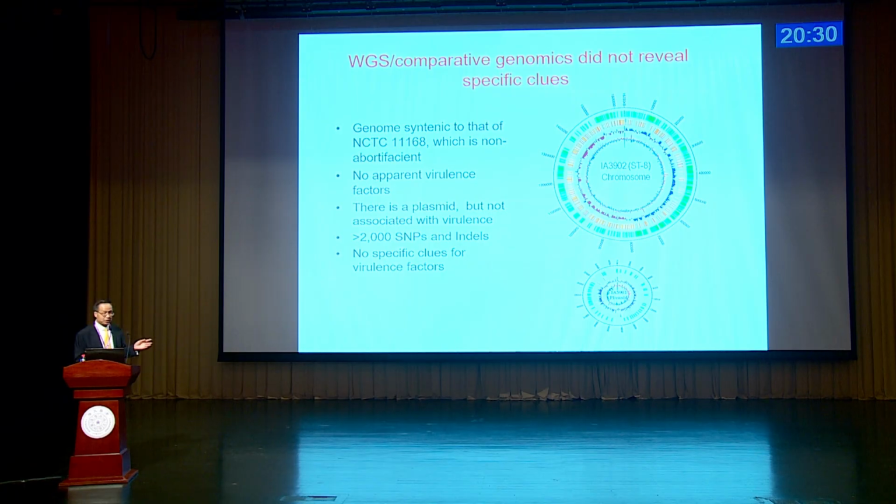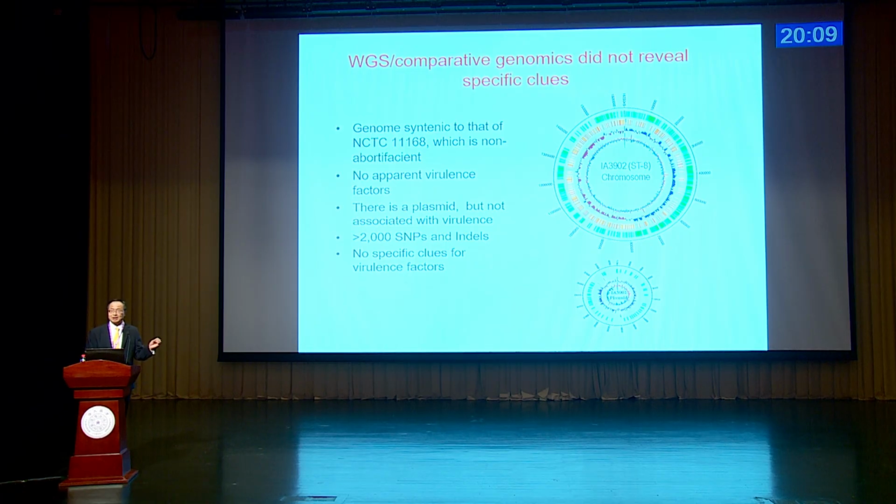The genome is highly syntenic to the non-abortifacient strain, which is 168. This does not cause any clinical disease in pregnant animals, and there are no apparent virulence factors, no pathogenicity island, nothing really that could tell us anything in terms of pathogenesis. There is a plasmid, but the plasmid has nothing to do with the virulence.